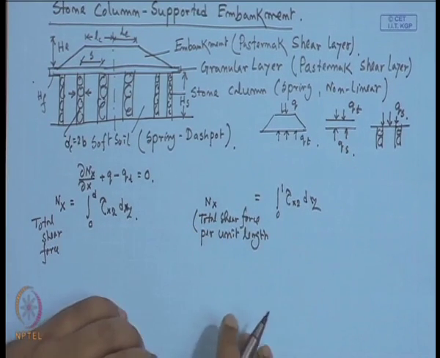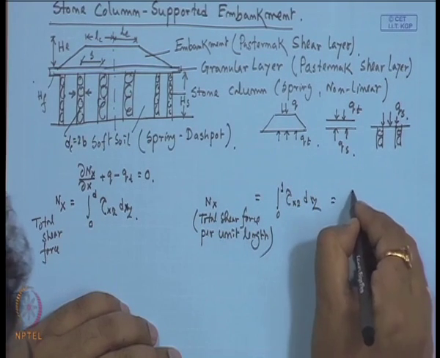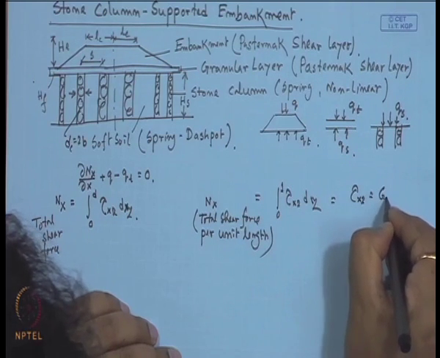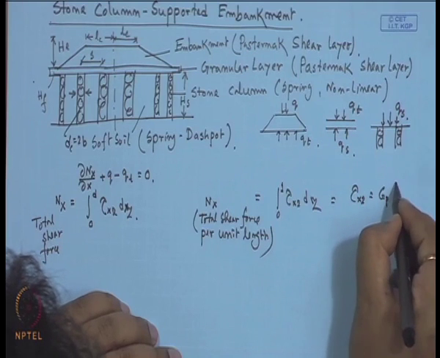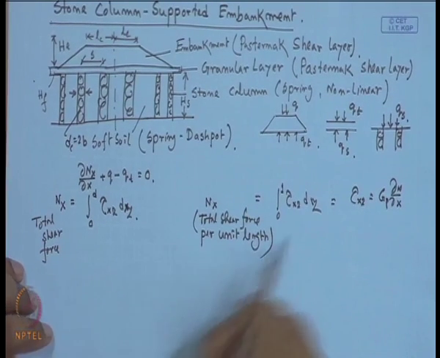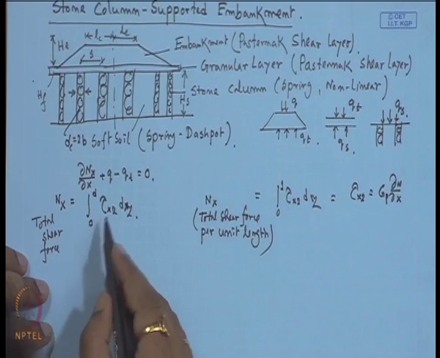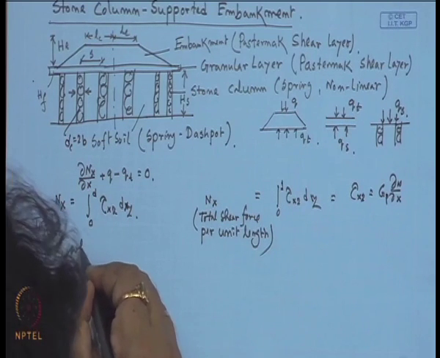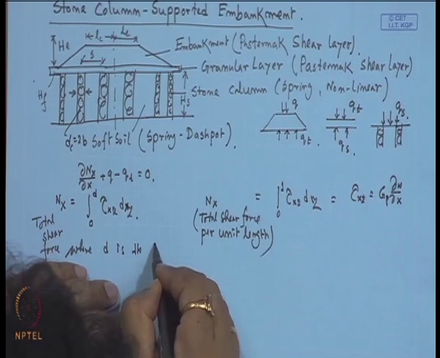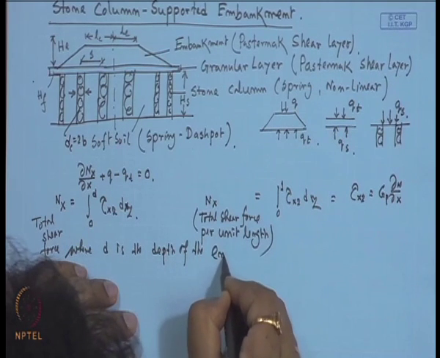So, we get simply tau x z, which is nothing but G p into del w del x. Here we consider this in terms of d, where d is the depth of the embankment.